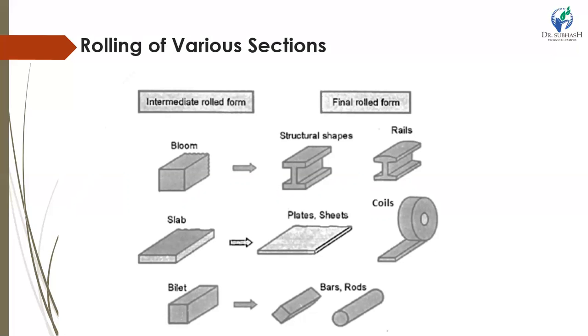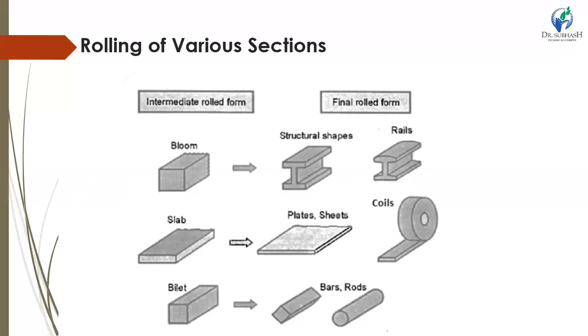The size of blooms ranges between 150 mm by 150 mm to 250 mm by 250 mm. Rolling products from bloom are structural shapes, rails, etc. Then billet.